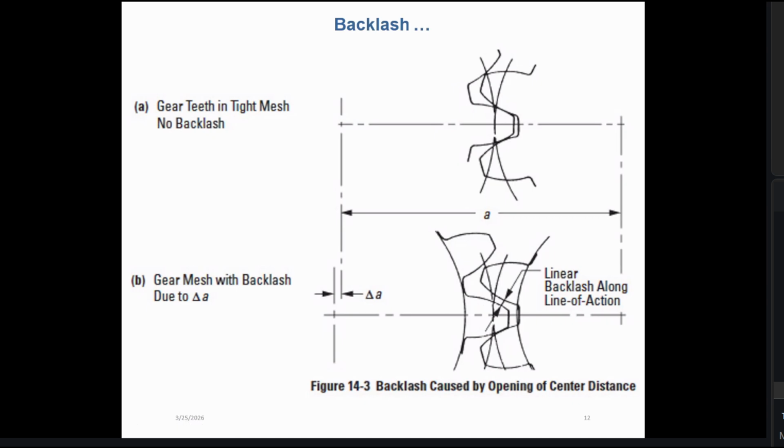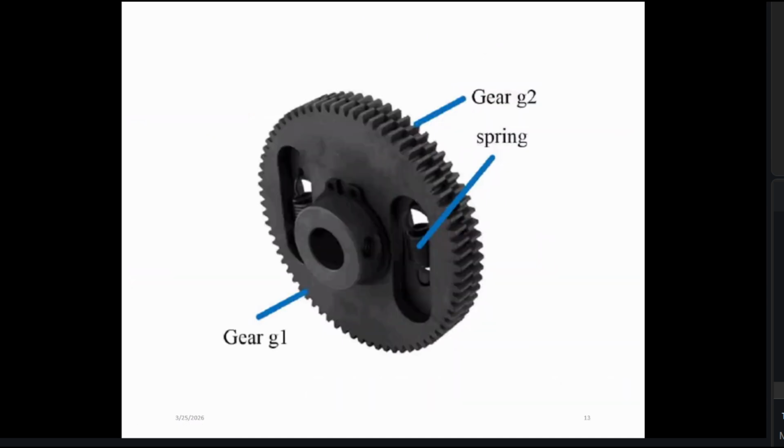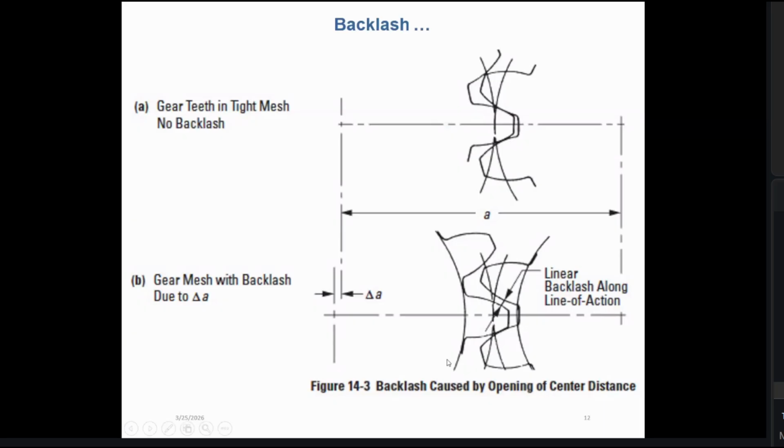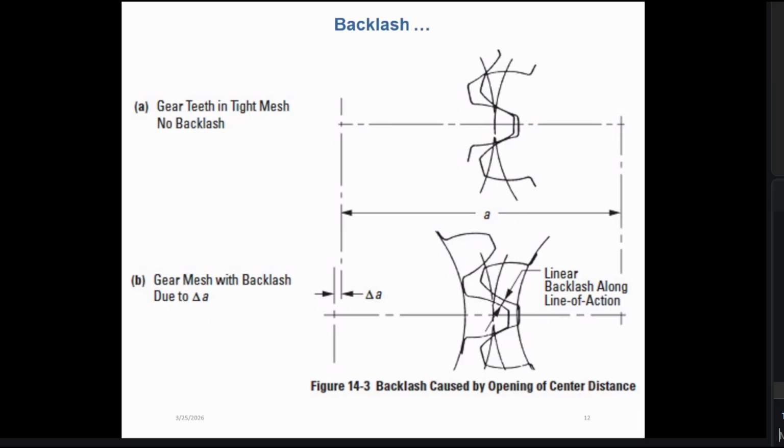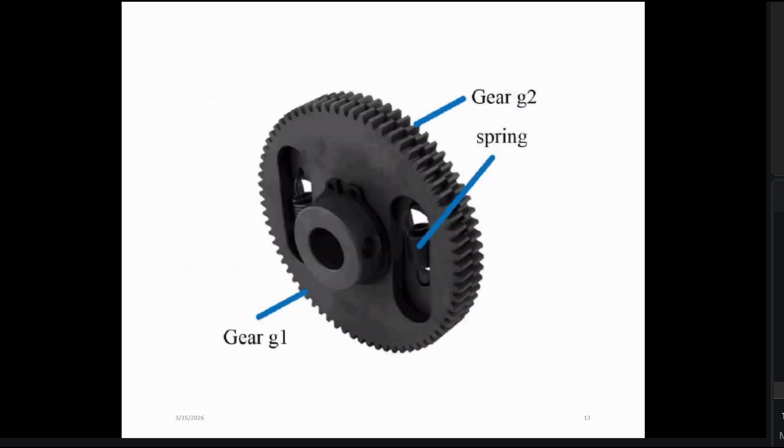When it comes to accurate or precise operations, this backlash should be avoided. We need to maintain correct center distance, like in the top image, or else we can use these anti-backlash gears, right? So the backlash is the clearance. If we use these spring tension gear profiles, these gear profiles are concentric, right?